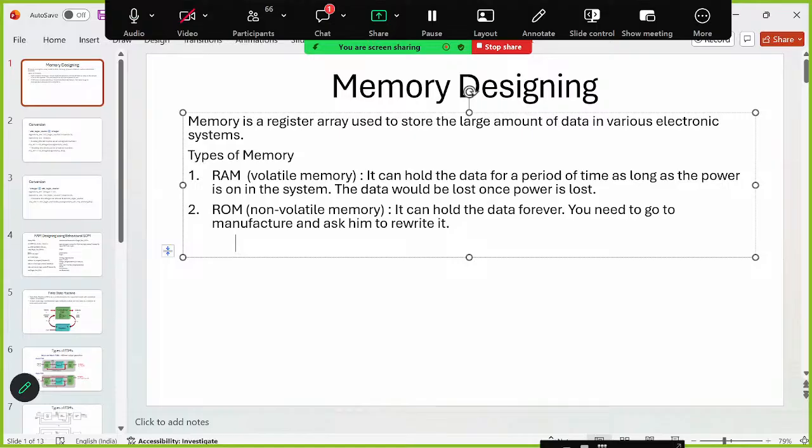Flash memories are memories where we can read and write the data and store the data, like your pen drives and hard drives. These are specific types of ROMs where we can store the data in a flash of seconds, and we need not go to the manufacturer. So as per the latest technology, ROM can be read and written also, but it depends upon the technology it is built upon. It totally depends upon that process.